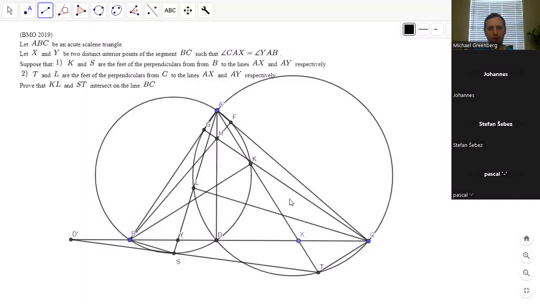Okay, so are these triangles? Oh yeah, these are similar. So I think we can somehow use that similarity.